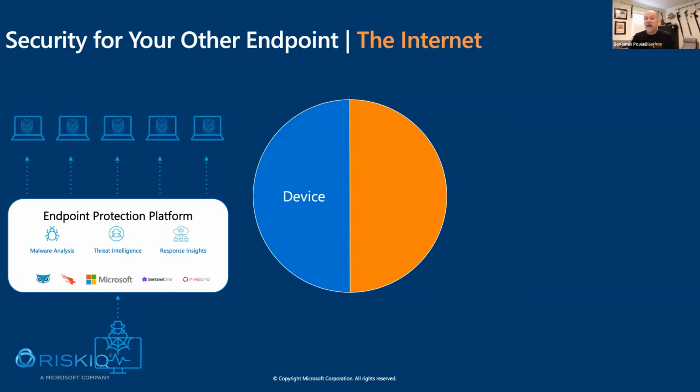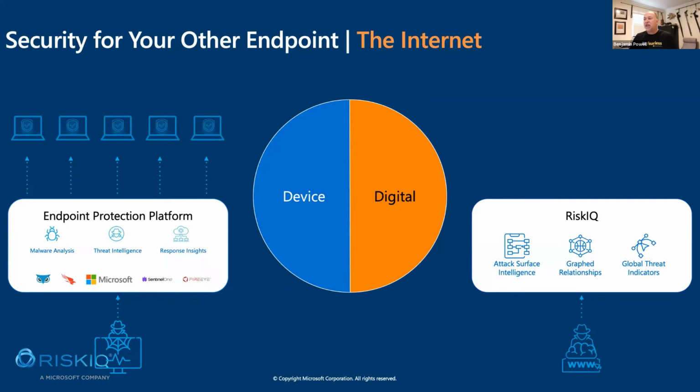But there's another side, and that other side organizations generally don't have visibility to or control, but RiskIQ can give you that. And it can be through any vendor. That information can flow and help you with any of your endpoint protection that you're using. So with that, RiskIQ, because we have that single map of the internet and we've graphed all the relationships, we're able to tell you those threats to you, to your third parties, and from threat actors and their tooling.